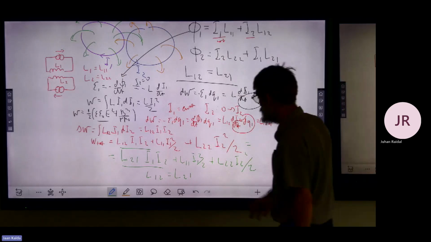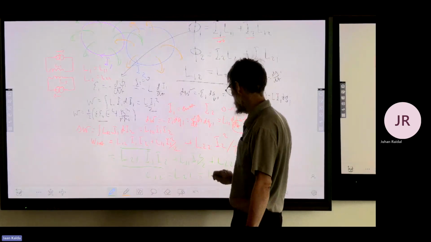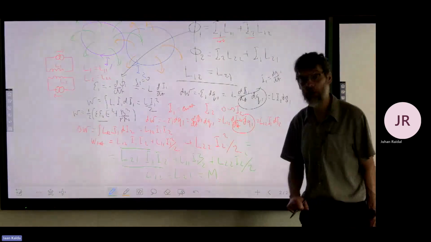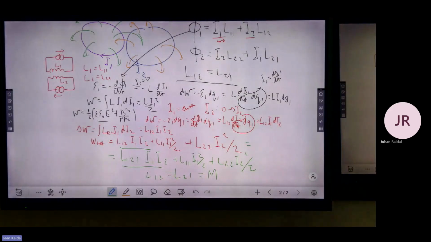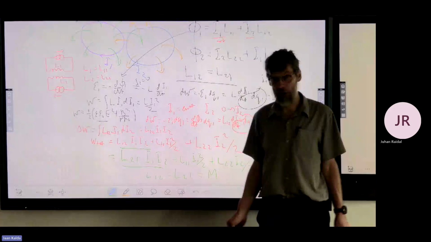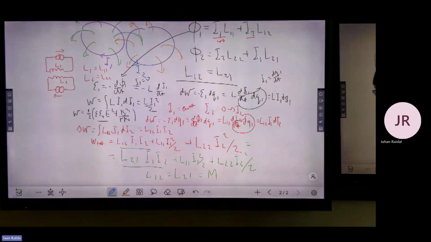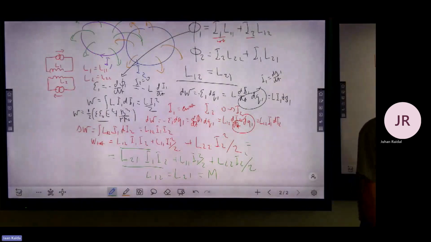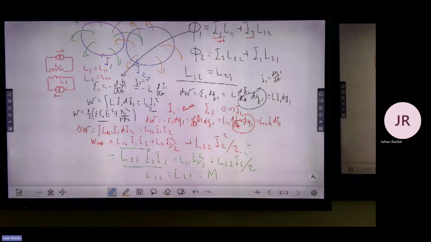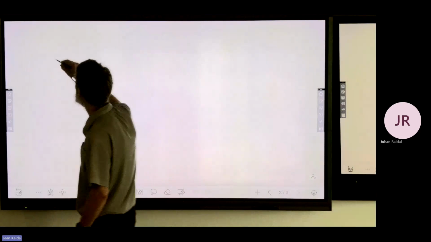Think before down. Because L12 equals L21, if we have only two inductors, you usually denote it through M and call this a mutual inductance. If you have more than one, then you probably need to just keep as many indices as you have over there. But if it's only two, then we can call it mutual inductance. And now, let us have a look on expression for energy.